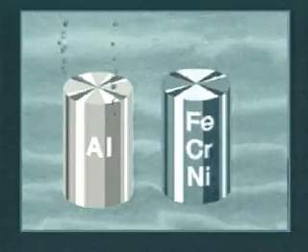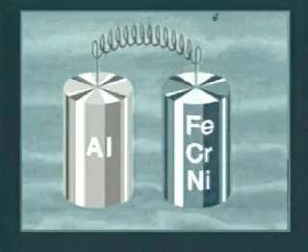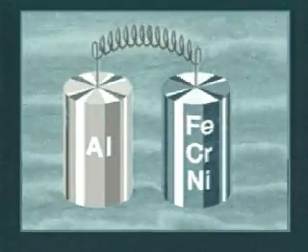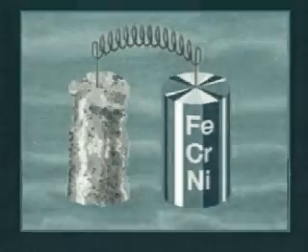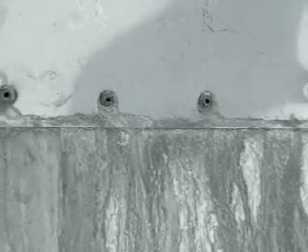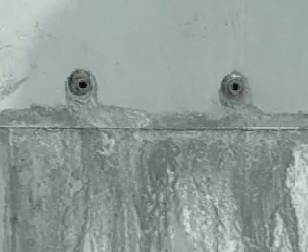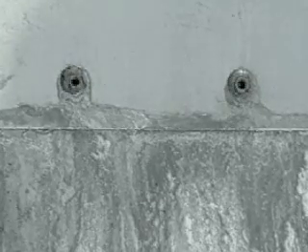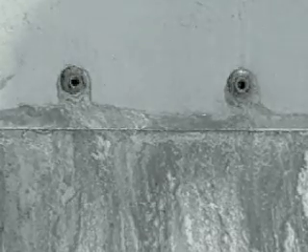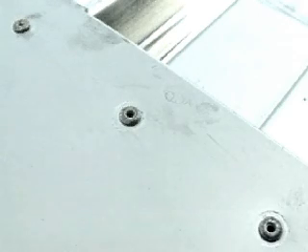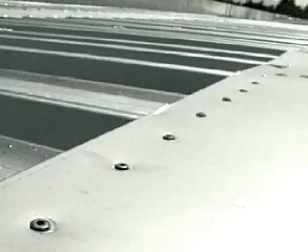So, because aluminium has the higher voltage, it will become the anode when connected to stainless steel. This explains why aluminium rivets must not be used on stainless steel sheets. Obviously, galvanic corrosion can be prevented by keeping the metals dry or electrically insulating them from each other.